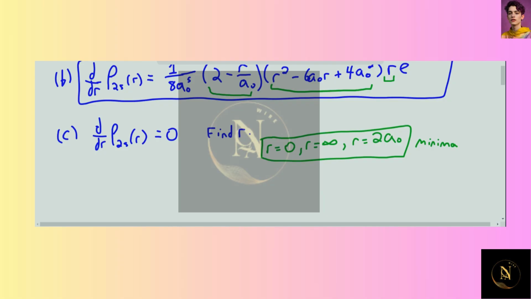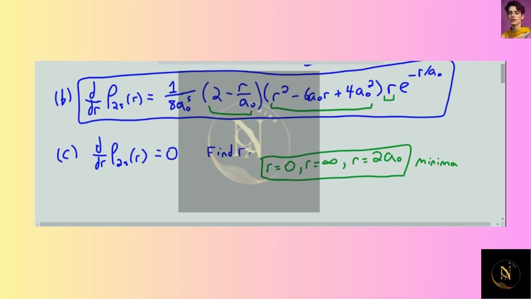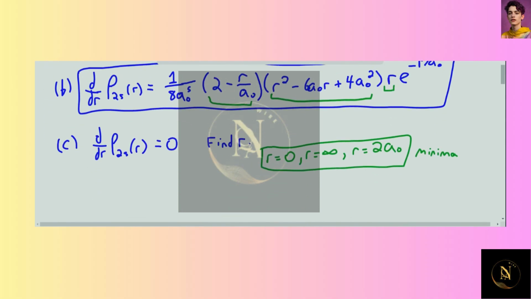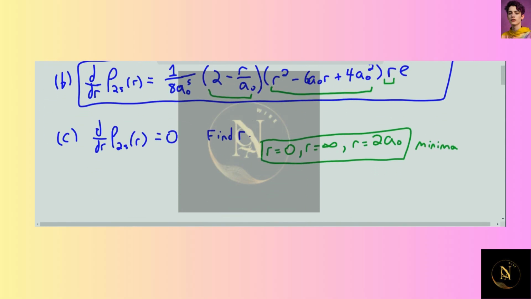Now it's one thing to have the graph here, but you might want to know why you can be certain that these are the minima. The probability density function has to be positive, so r equals 0 and r equals infinity have to be minima.